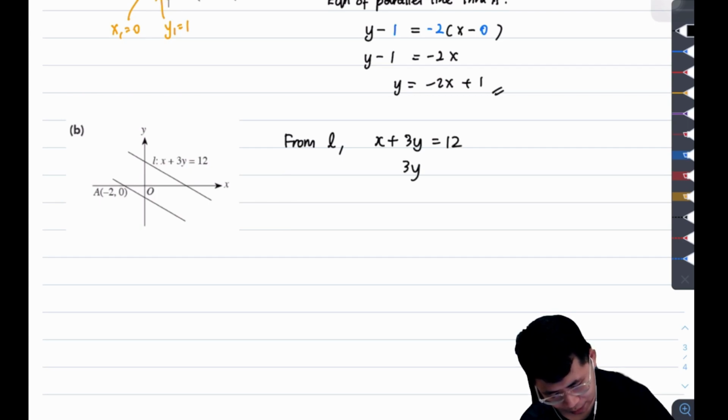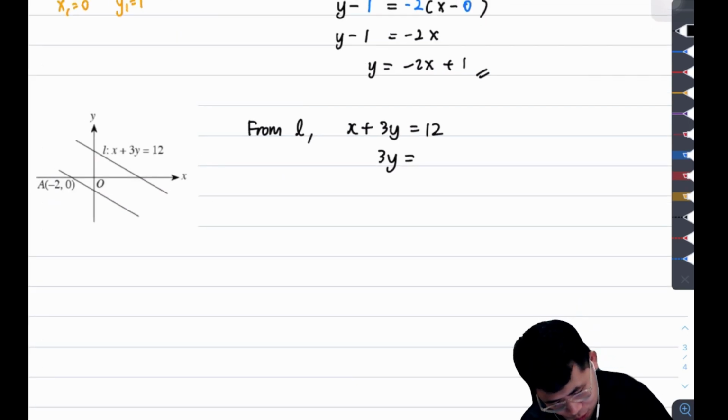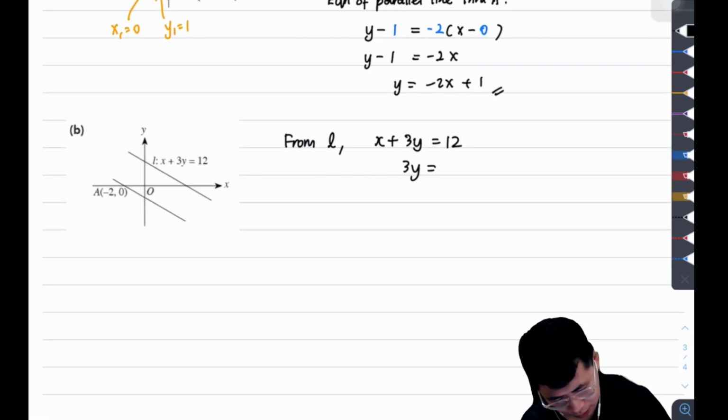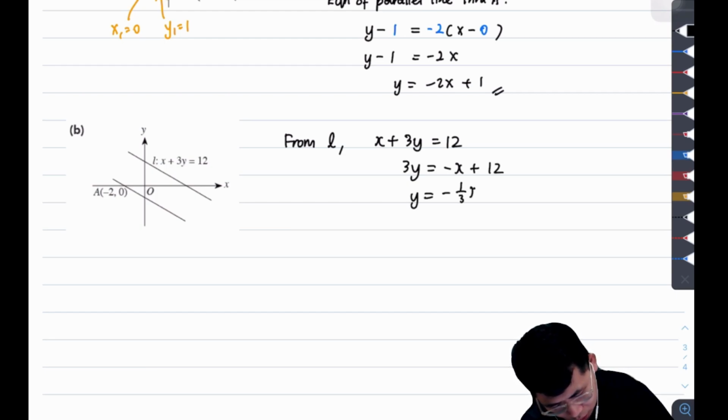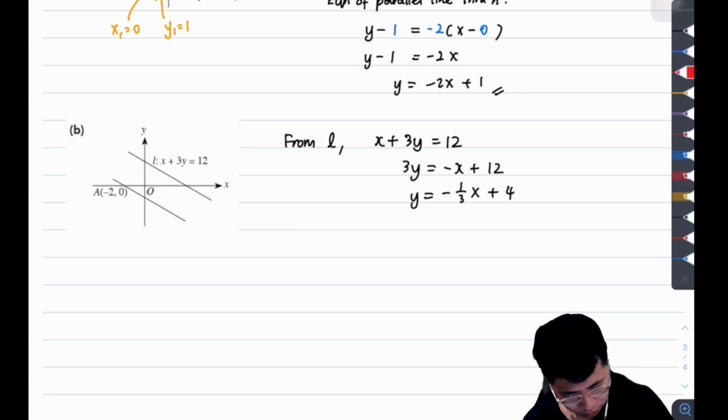So 3y, expressing this into the y equals mx plus c form, equals negative x plus 12. So divide by 3, I'm going to have negative 1 over 3 x, and plus 4. So the gradient is negative 1/3.